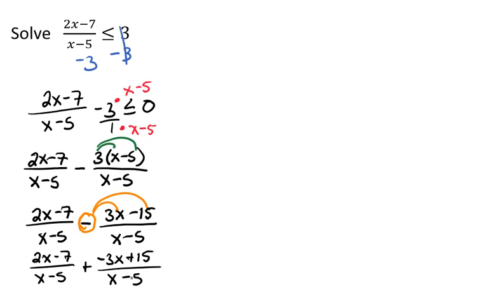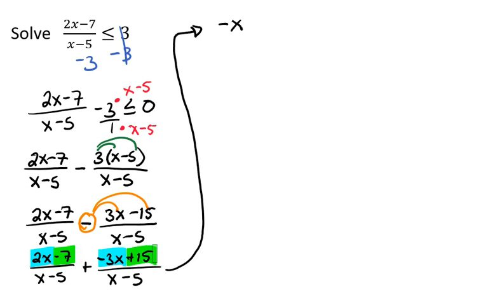And then from here it's a lot easier to combine our like terms. We're going to come up over here. When we combine our like terms, we put our 2x with our negative 3x, which gives us a negative x. Then we put our negative 7 with our positive 15, which gives us a positive 8, all over x - 5.